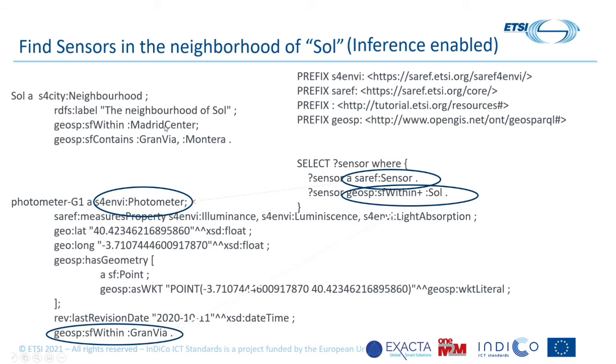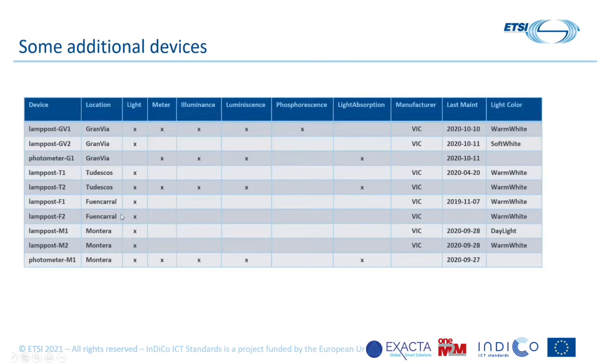And again, Seoul contains the streets Grand Via and Montera. So we'll see Grand Via and Montera, and we're getting these two photometers, G1 and M1, and we also get lamppost GV1 because it's what we defined as a smart lamppost, which also includes a meter, which is a sensor in the SAREF ontology.